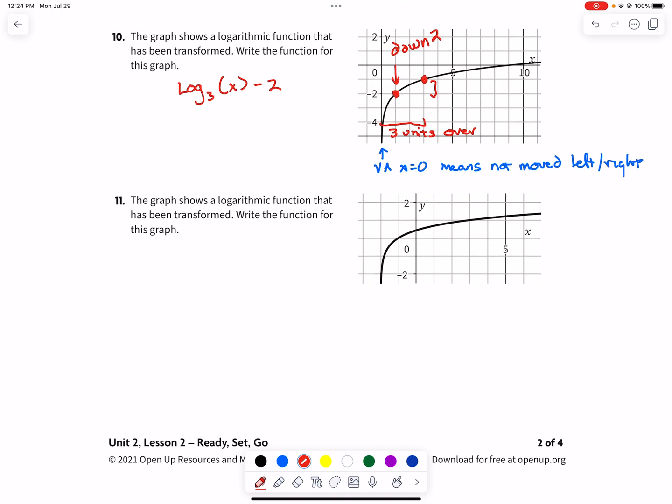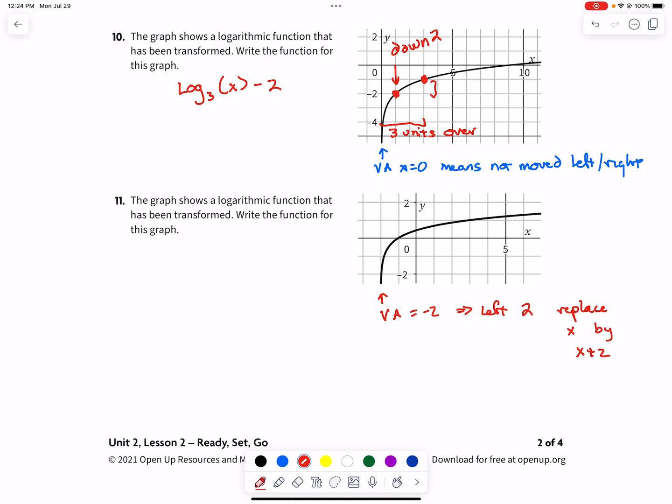This one we've moved the vertical asymptote over. And don't forget, when we're moving left and right, we're replacing x by x plus or x minus, and it's always opposite for x's.